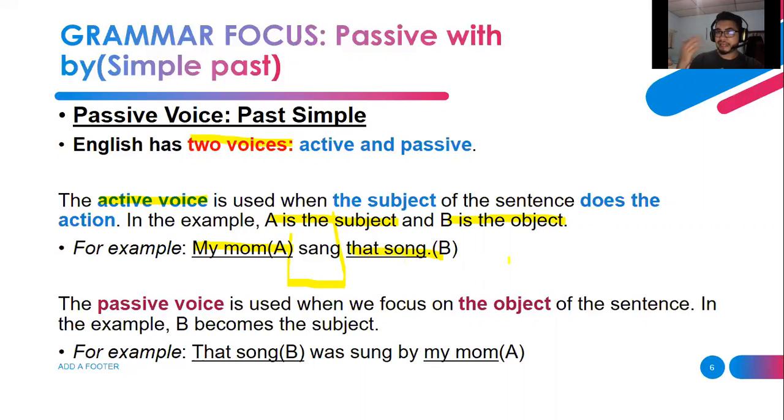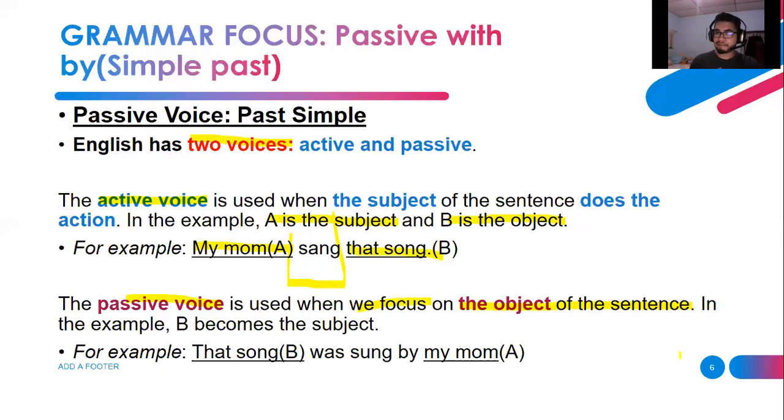So remember, in the active voice, the subject is the person doing the action. We have a verb and we have an object. Really simple. But what about the passive voice? The passive voice, as you see right here in the presentation, is used when we focus on the object of the sentence, but not on the subject.